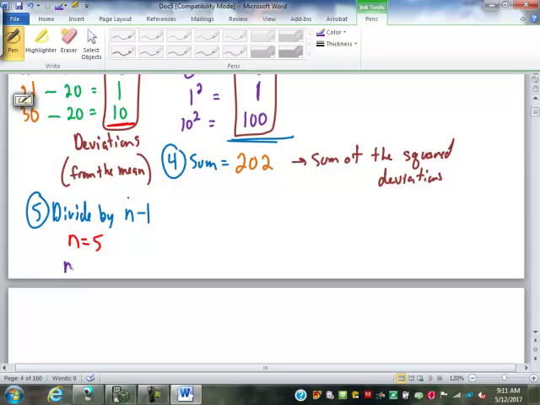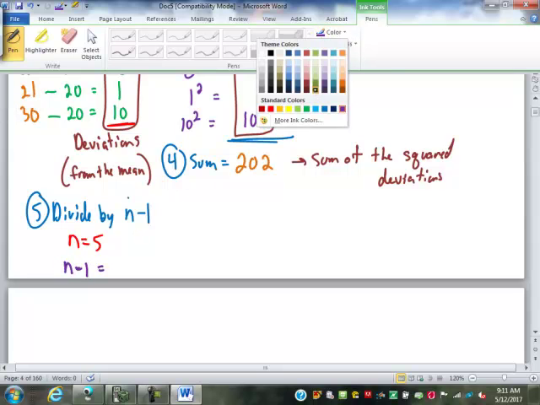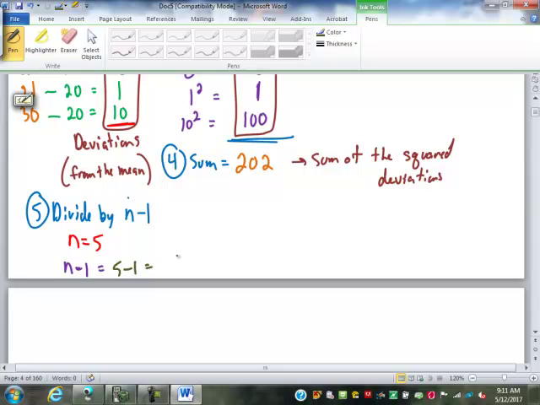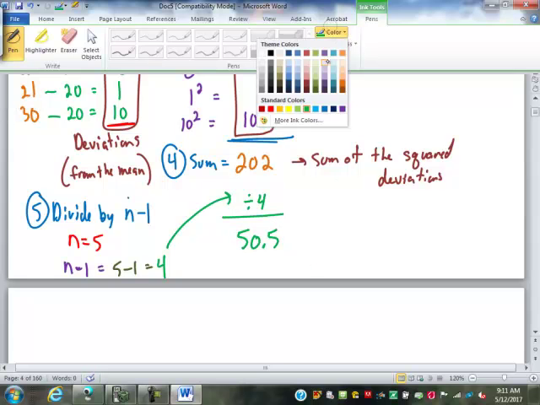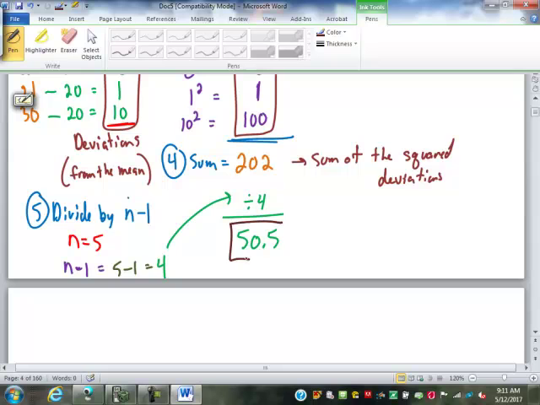So then n minus 1 is 5 minus 1, which is 4. So we're going to divide by 4, which gives us 50.5. That number right there is referred to as the variance.